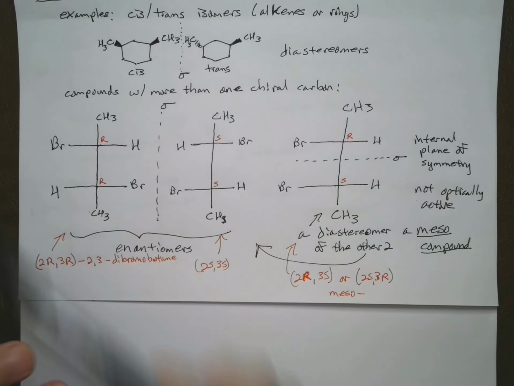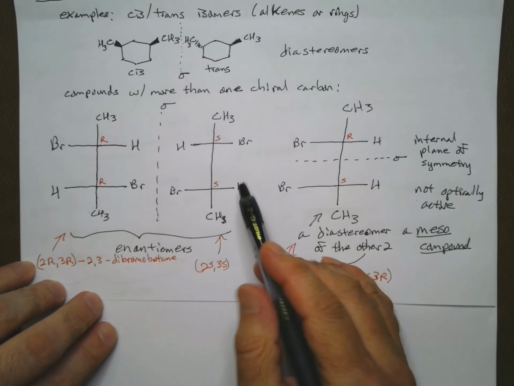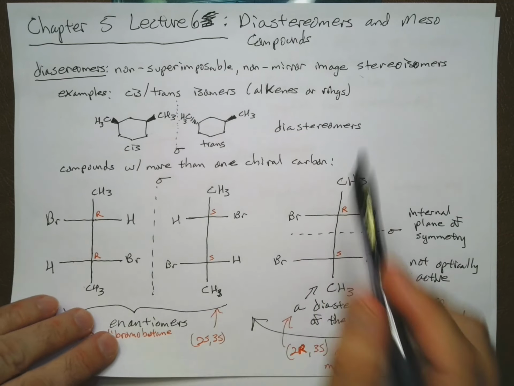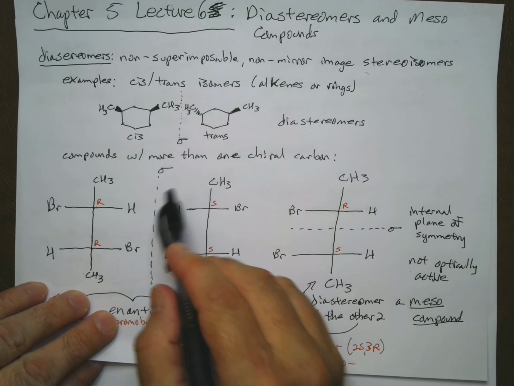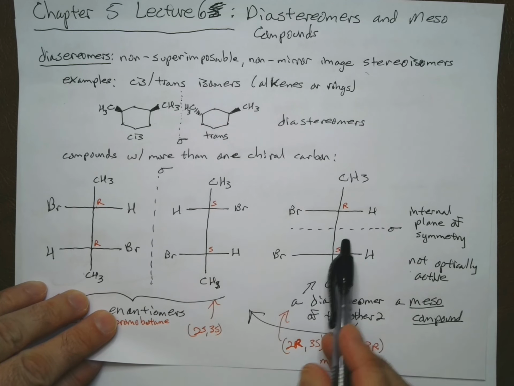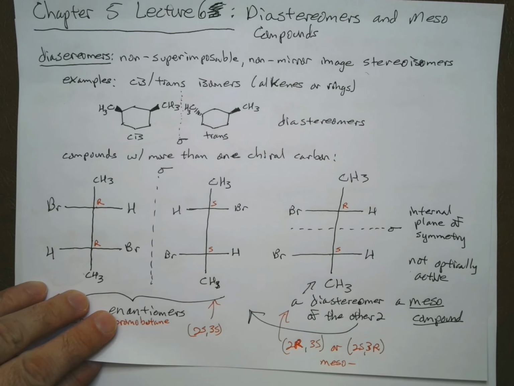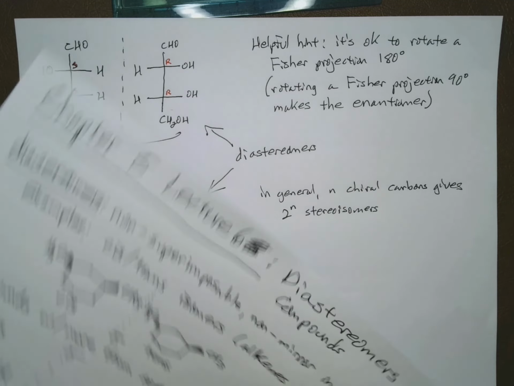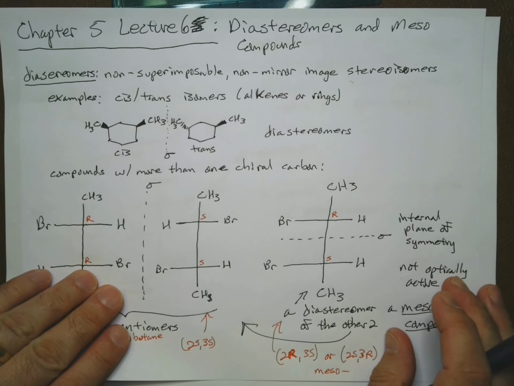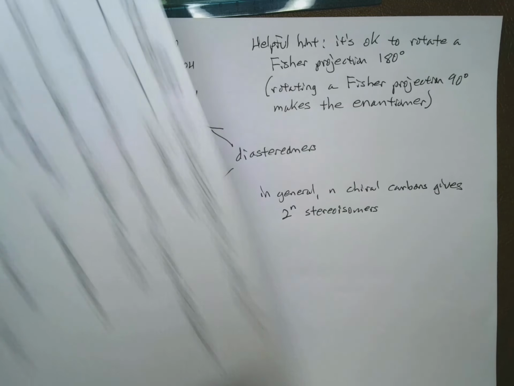All right, so we've got diastereomers, so non-superimposable, non-mirror image isomers. Sometimes, if we've got compounds with more than one chiral carbon, one of the diastereomers we get may be a meso compound. And these meso compounds have an internal plane of symmetry, and they are not optically active.